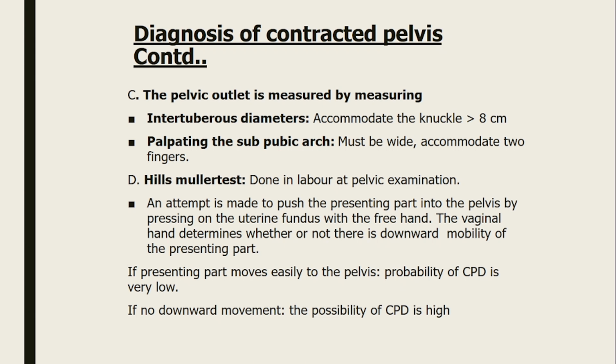But if there is no downward movement felt while the fundus is pushed down, the possibility of cephalopelvic disproportion or contracted pelvis is very high. This is the Hillis-Muller test.